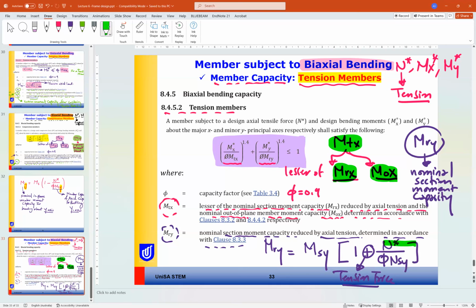So this is the value for MRY in this case.